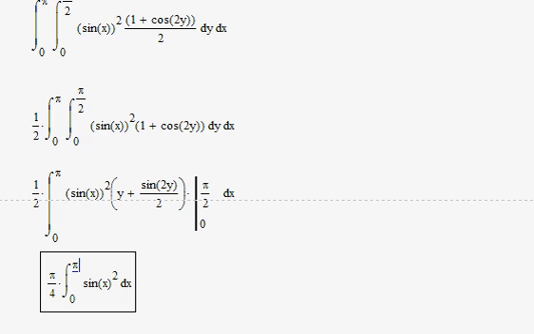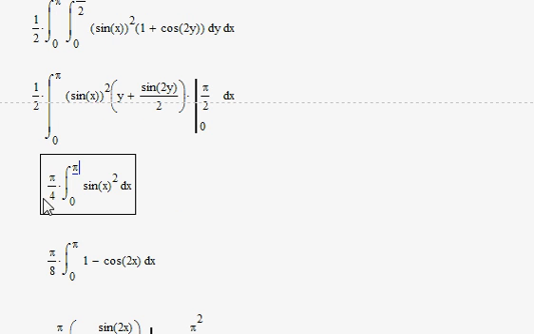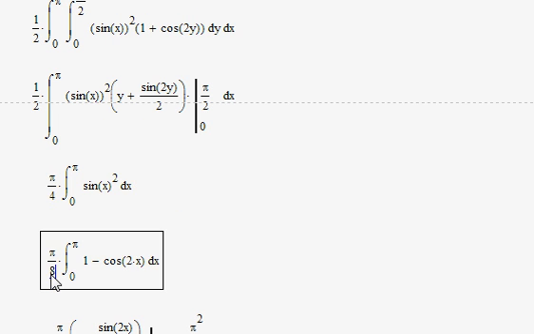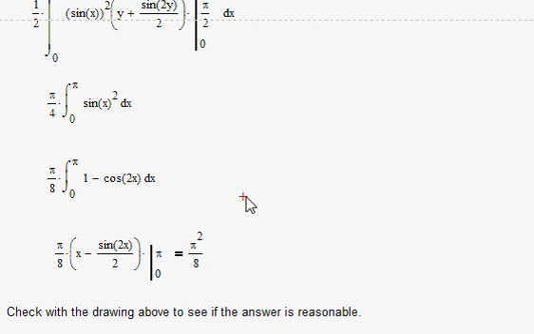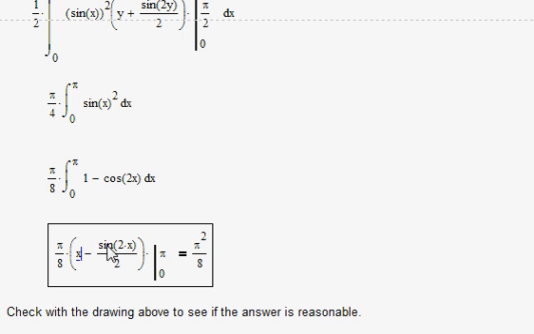But how do you integrate sine squared? Well, you make it 1/2, and I factored out the 2, and now that's a pi over 8, times 1 minus cosine of 2x, that's actually from the double angle formula for cosine. So then integrating 1, we get x.